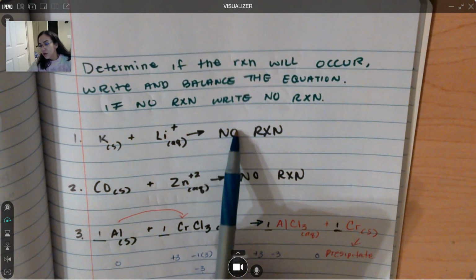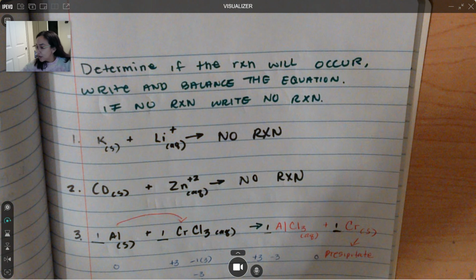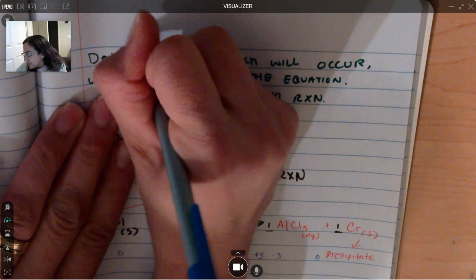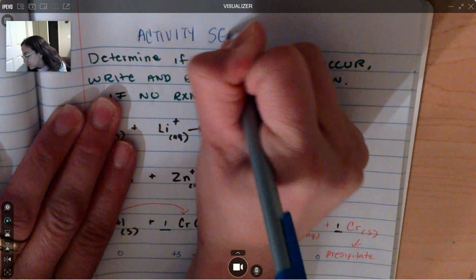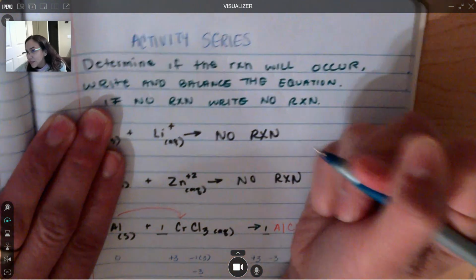Now, the way we figured out whether reactions were going to occur or not was by using the activity series. The activity series of metals.